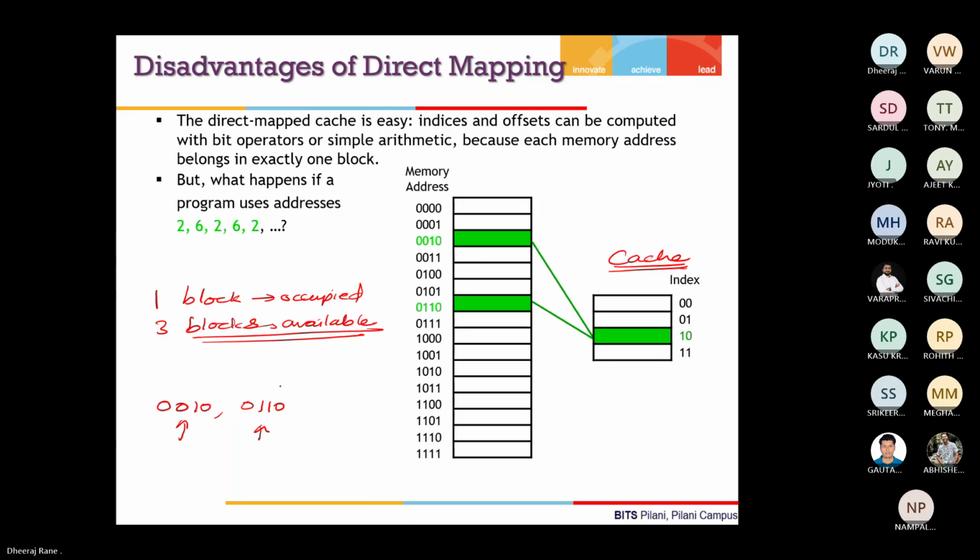look. Even when three blocks are available with me, then also I don't have any option other than to replace the 0010 when the request for 0110 is being made, because it's being directly mapped and there are few specific blocks only where I can place the data, and even when other blocks are available, because of the approach I cannot utilize those available blocks.